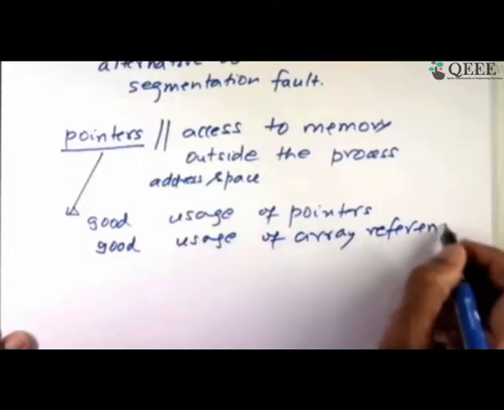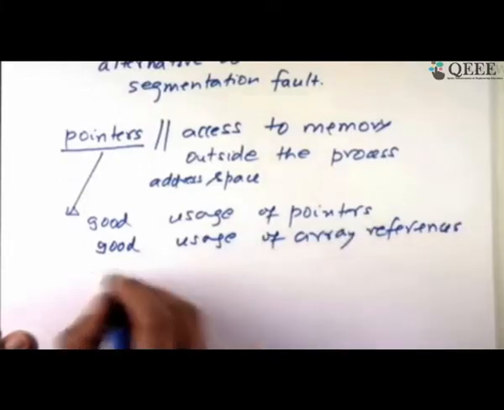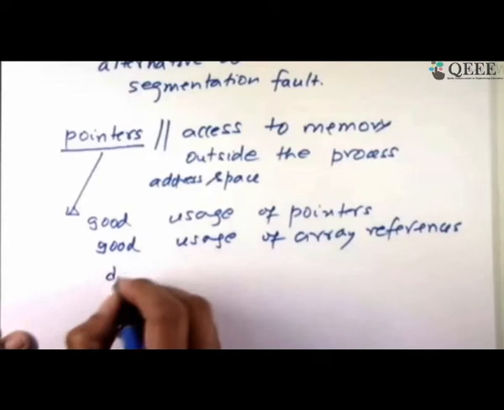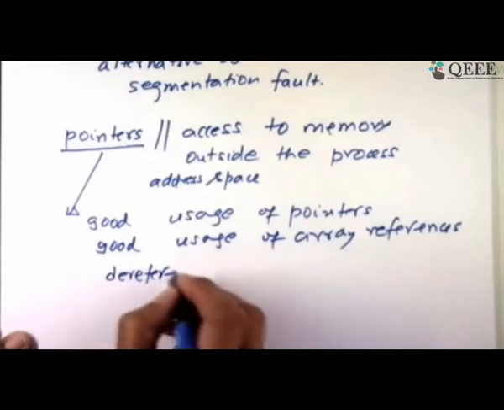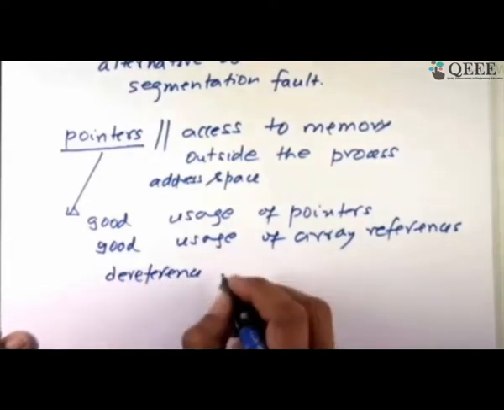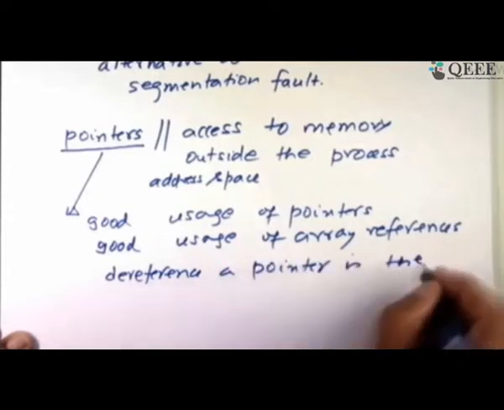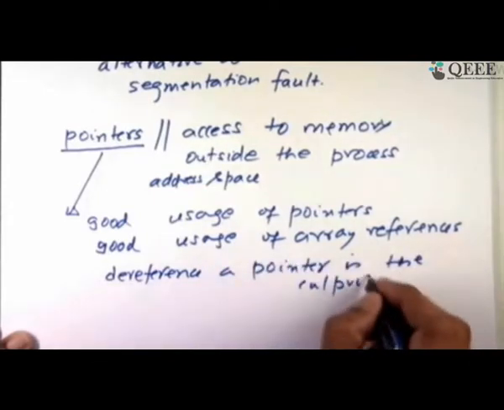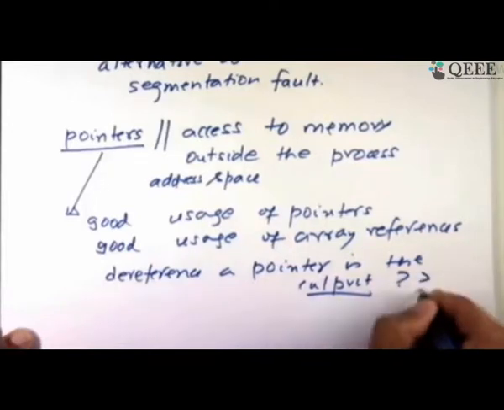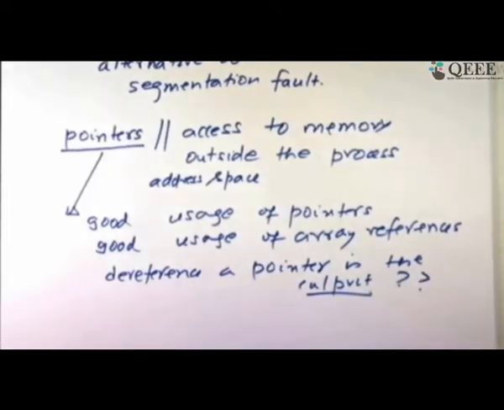And what do I mean here? Good usage of pointers. This essentially means dereference a pointer with a lot of care. Make sure when you are dereferencing it belongs to your area. So dereference a pointer has to be done with care. You cannot go and ask what is inside somebody else's area. There are languages like Java who do not allow you to define a pointer. They have a different implementation, so you will not have this problem. So generally, if you are working with C, and that's what I was told that all of you want to work with C, then C does not give you too many safety measures.